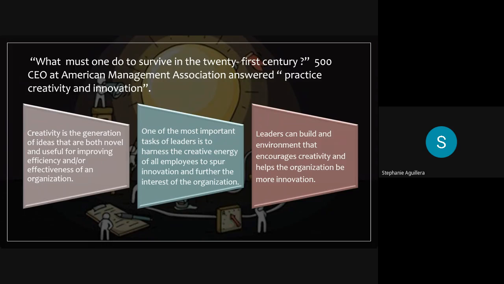One of the most important tasks of a leader is to harness the creative energy of all employees to spur innovation and further the interest of the organization. Leaders can build an environment that encourages creativity and helps the organization be more innovative.